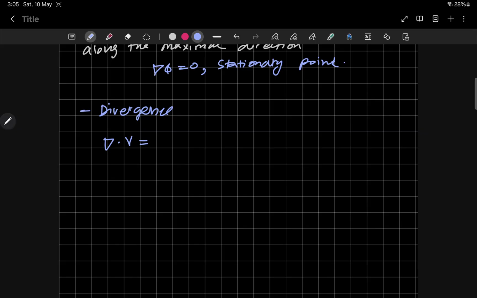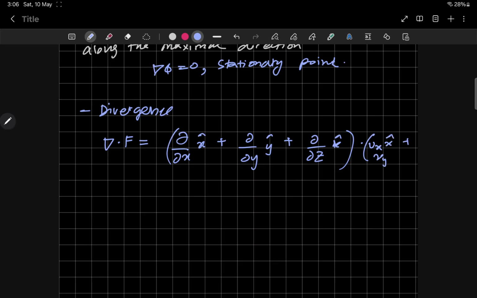So what do I mean by that? Again, you know that your del operator is d by dx, d by dy, d by dz, and I dot this with some vector. I am working in 3 dimensions now, so it's dotted with this: Fx x cap plus Fy y cap plus Fz z cap.